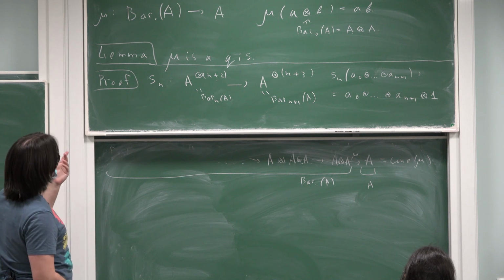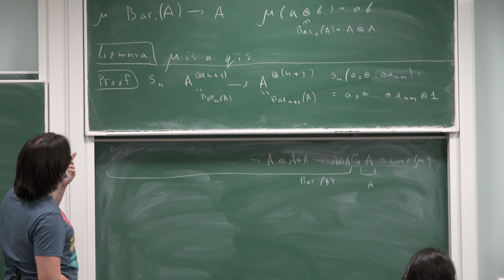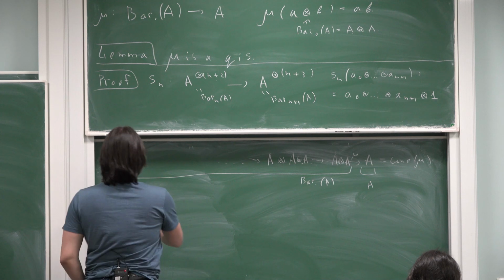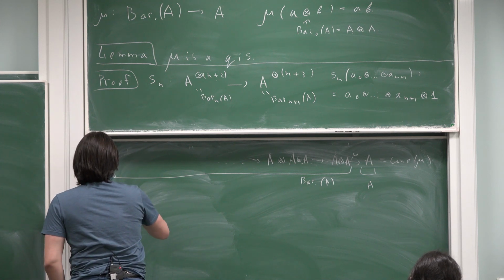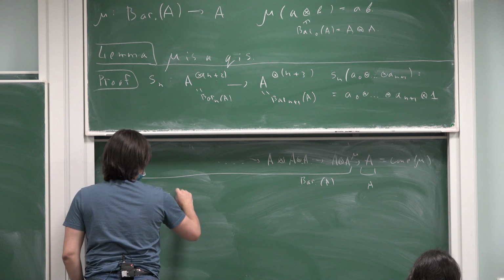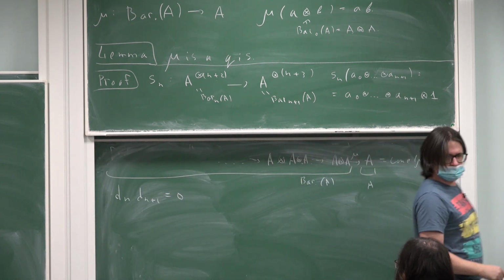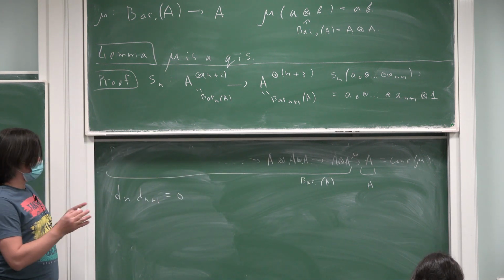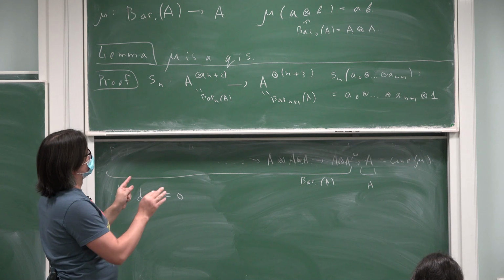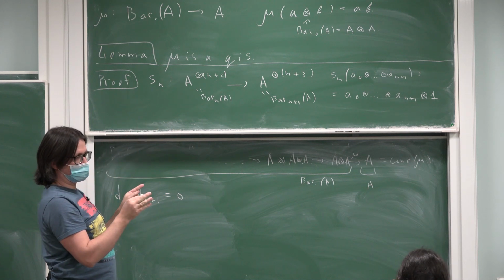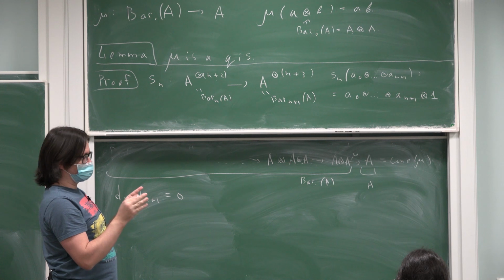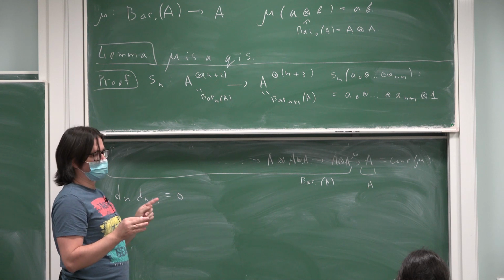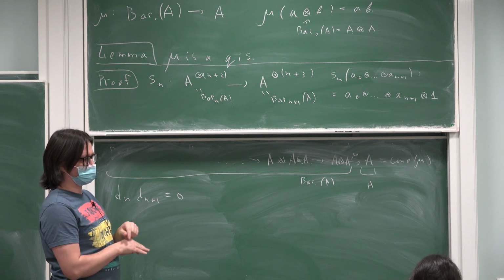Well, of course, the first thing that we have to check is that d_n d_(n+1) is 0. And it is not very difficult to check because we glue tensors in two places, and depending on the order of places, we get different signs, and so everything cancels.